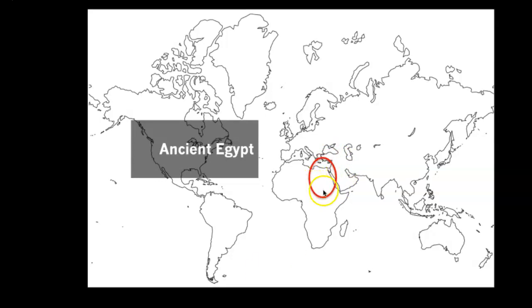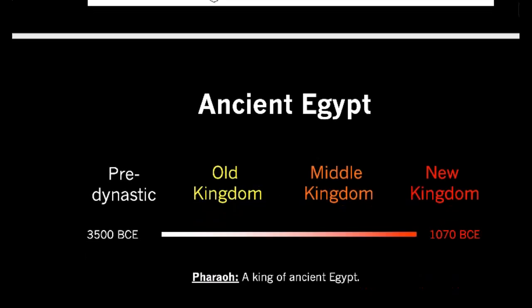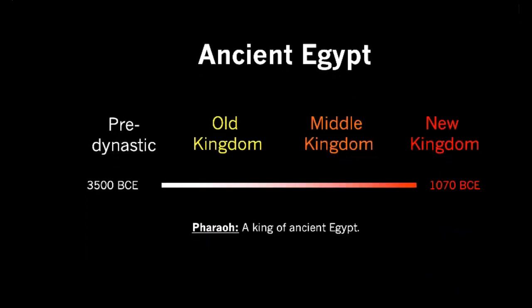We see a contrast to that in ancient Egypt. It's not to say that there wasn't any war, but there were more or longer periods of relative peace and prosperity.